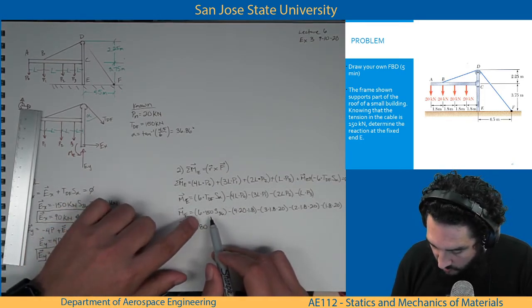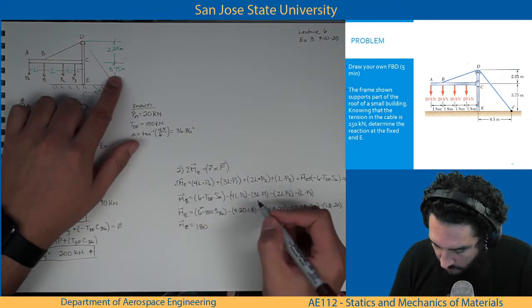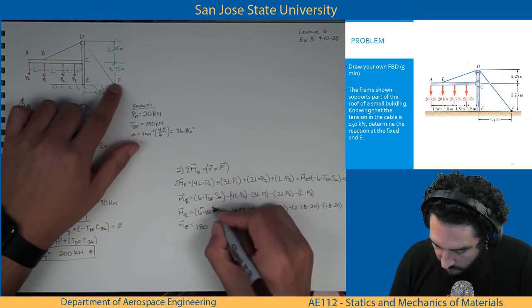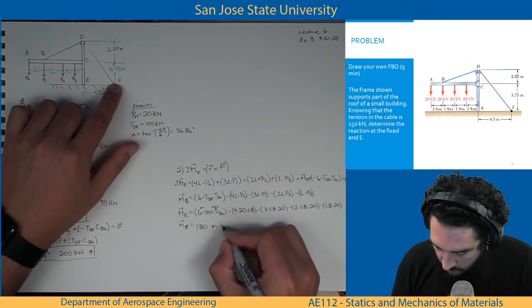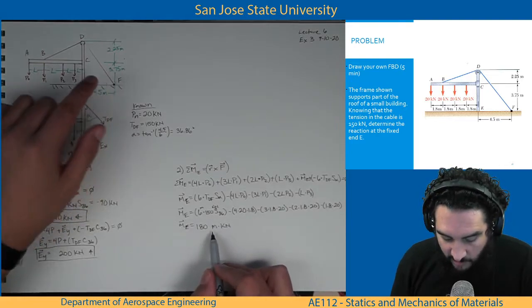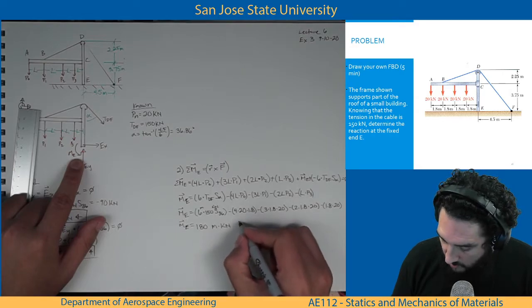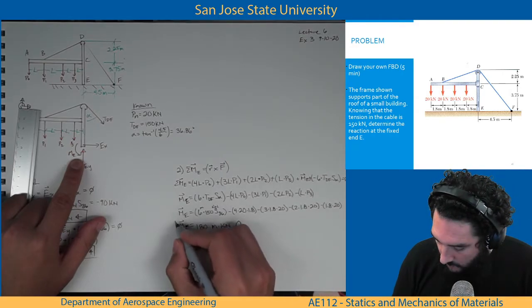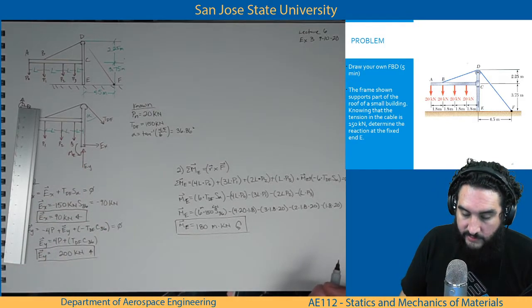And the units on this will be meter-kilonewtons. And since it comes out positive, the direction we assumed in the beginning of the problem is correct. Counterclockwise it is.